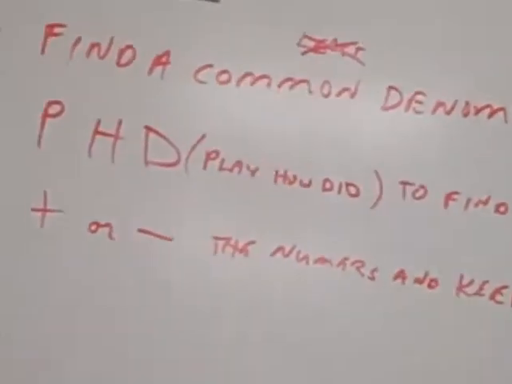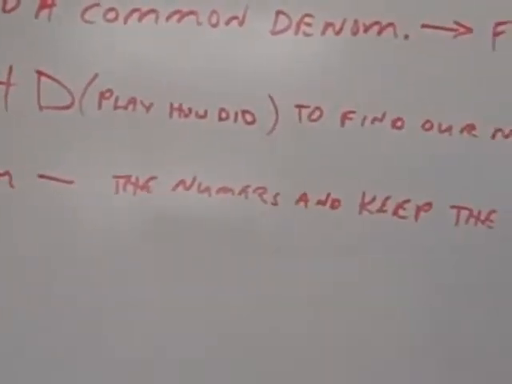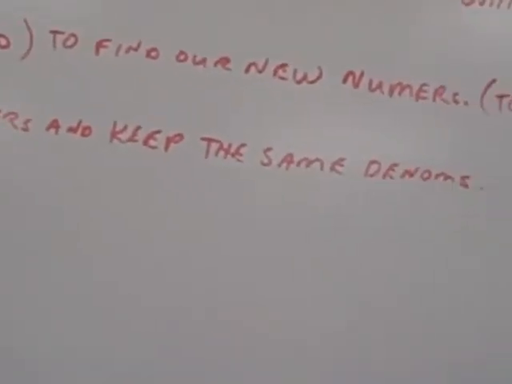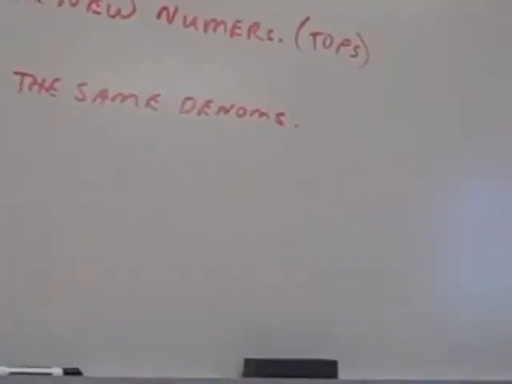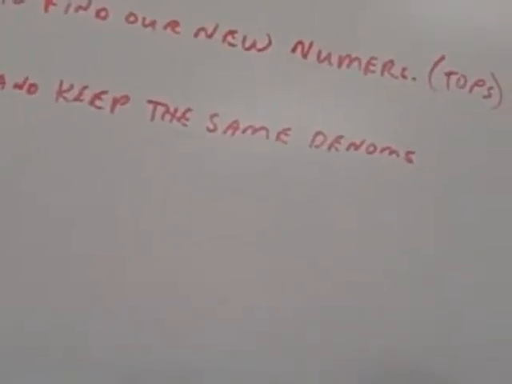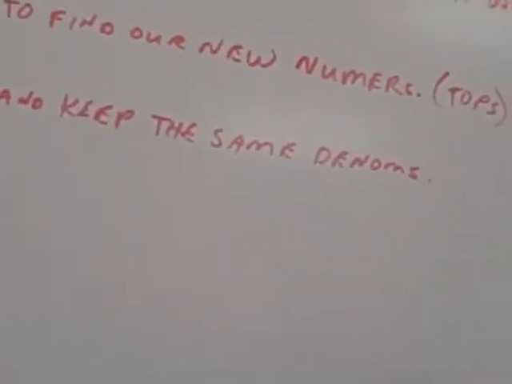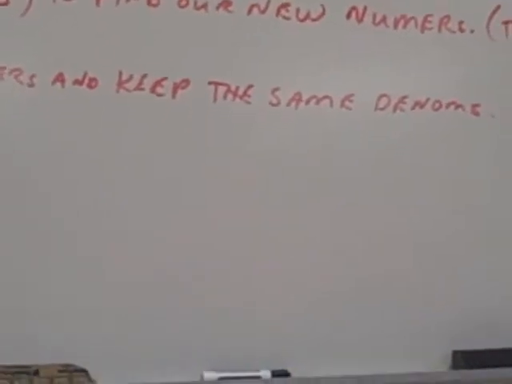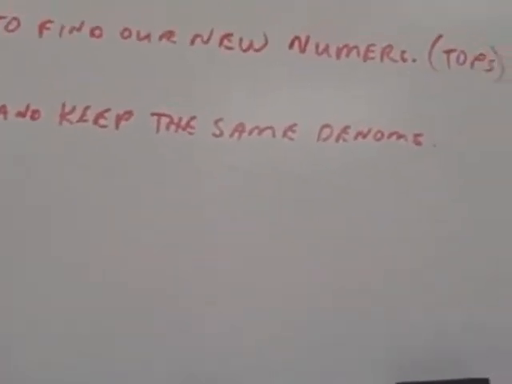Which, in other words, step 3 is all the steps we did last week, right? So, in this case, it's an add problem, so let's add the numerators. 3 plus 2. 5. Bottom, 4. The denominator stays 4.